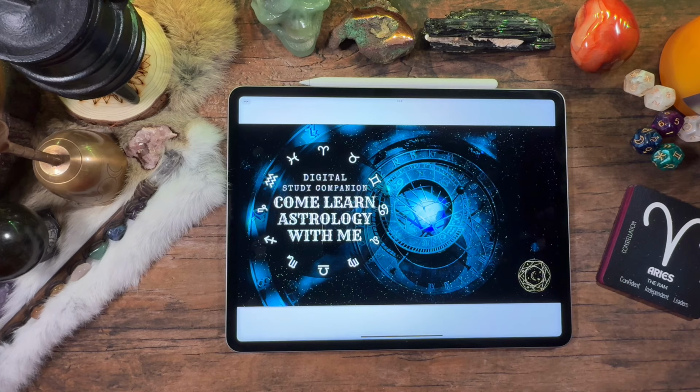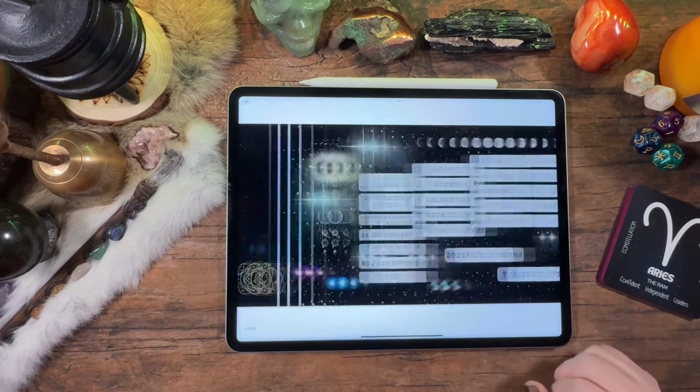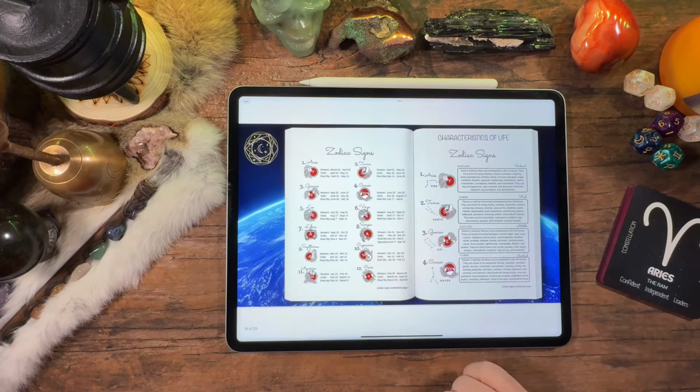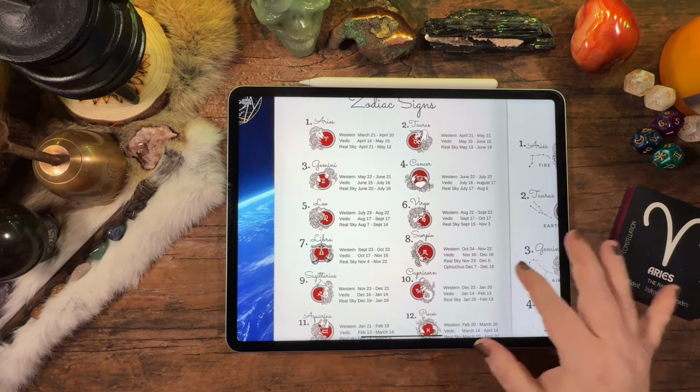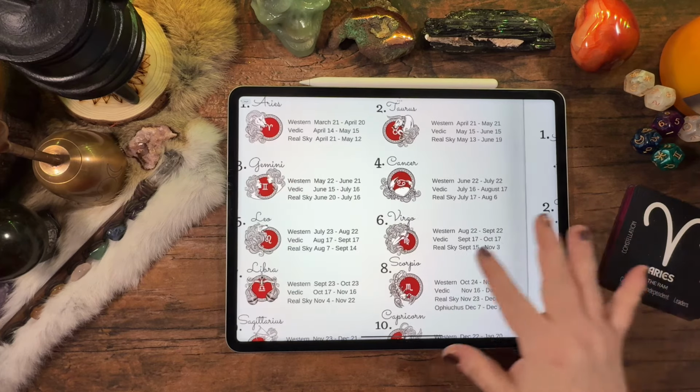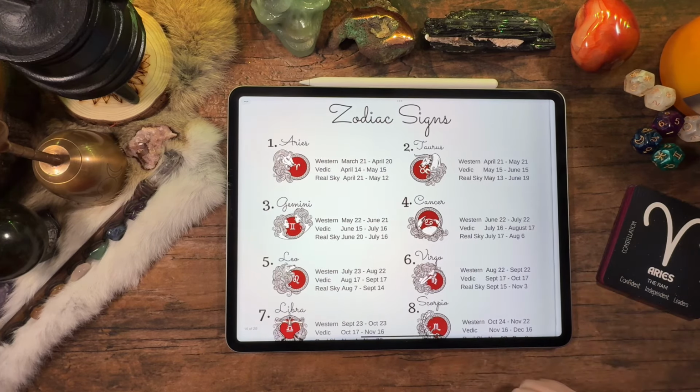And I want to touch on this particular part of it because it pertains to the actual constellations and the borderlines. So, traditionally in Western and Vedic astrology, there are 12 zodiac signs, right? So in Aries, the sun is in Aries in Western astrology between March 21st and April 20th.